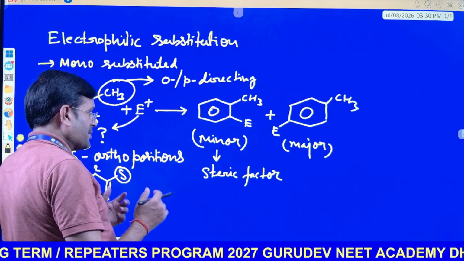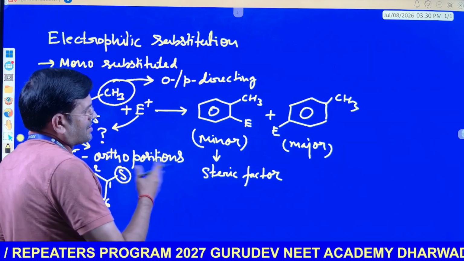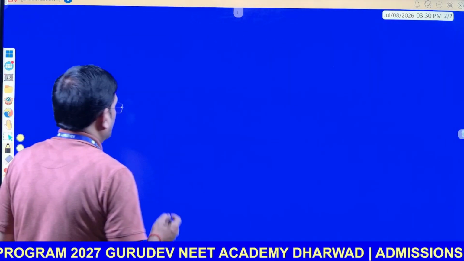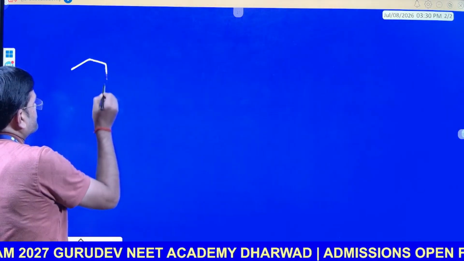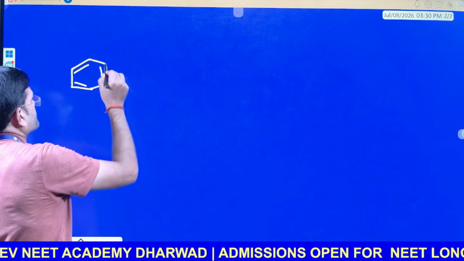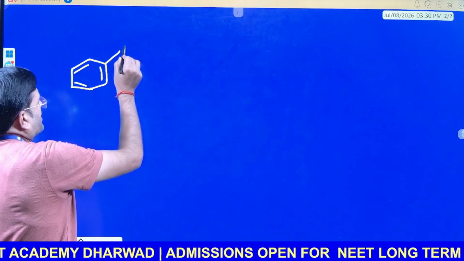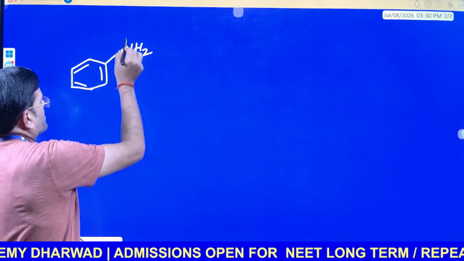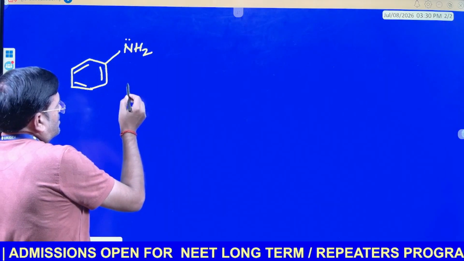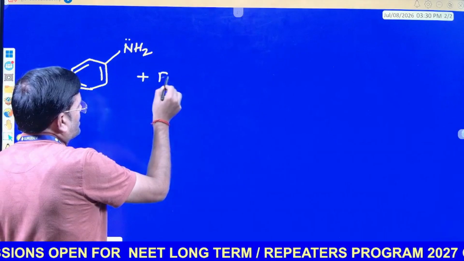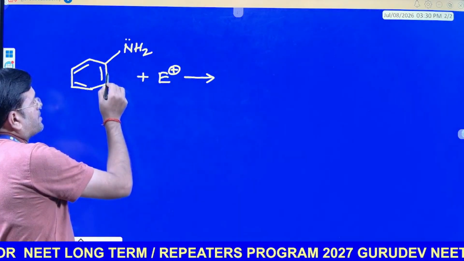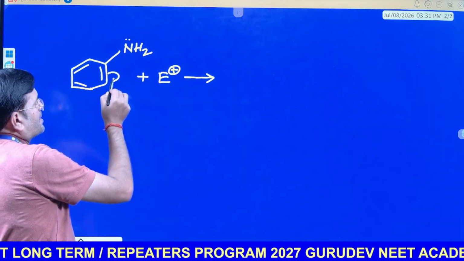So let us examine how the incoming electrophile is coming at ortho or para position, right? So I am taking one example. Let us say NH2 I am taking this time. This is also orthopara directing. Let an electrophile come to attack. Okay. So what will happen? This bond will clip this way.